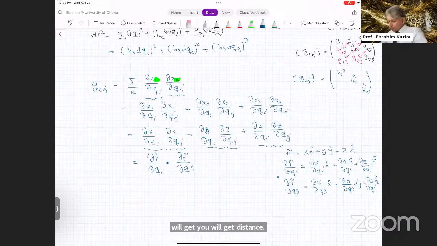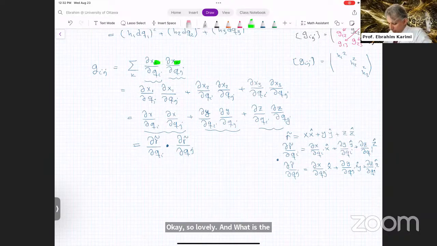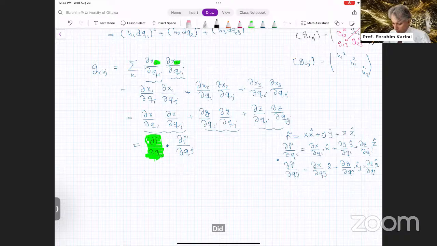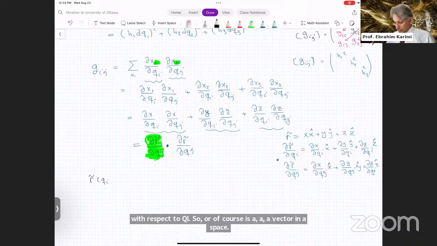Okay, lovely. And what is the meaning of the derivative of R with respect to Qi? So R, of course, is a vector in space, and can be a function of Qi.